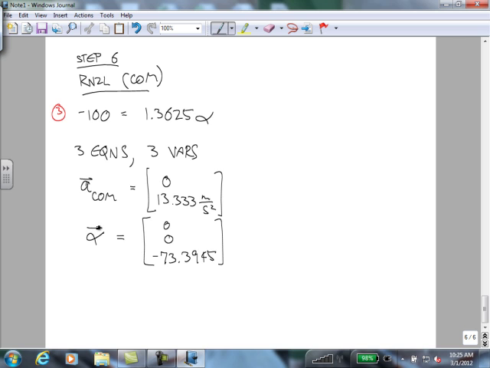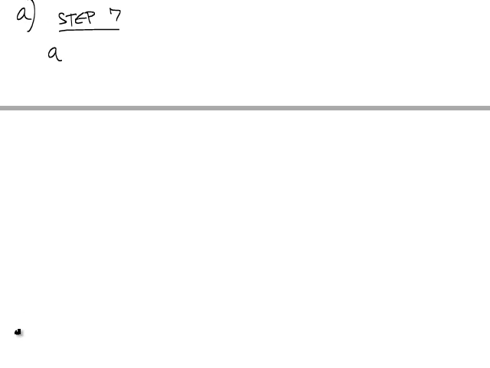So now we're going to branch off into part A, and I'm going to do this one, and we'll see it's exactly the same as that constraint equation for the last example. We're going to use the relative motion equation, and we're going to use the circular motion equation. So this is exactly step 7. So the acceleration of that point A relative to the origin is what we want, is equal to the acceleration of A relative to the center of mass plus the acceleration of the center of mass relative to the origin.